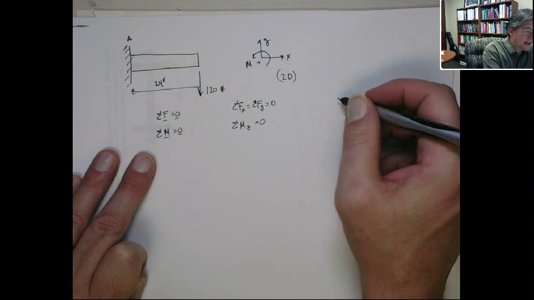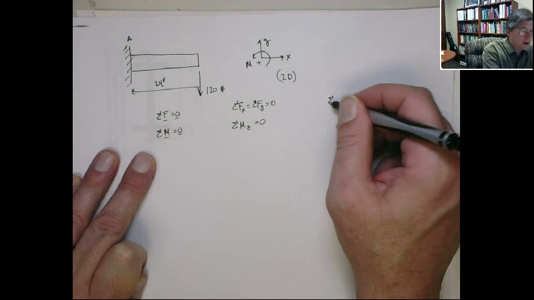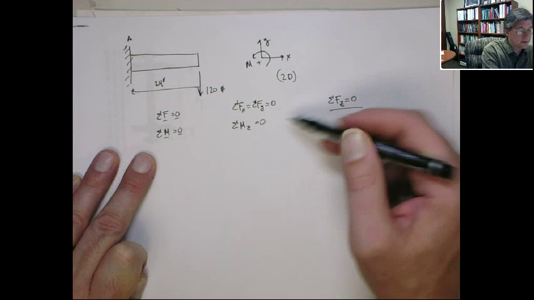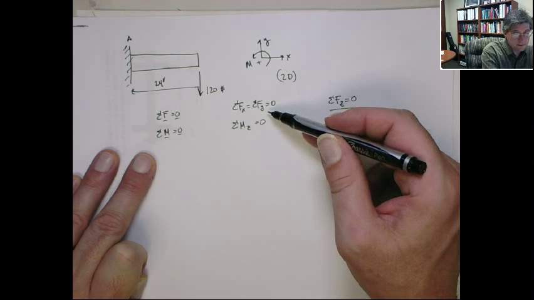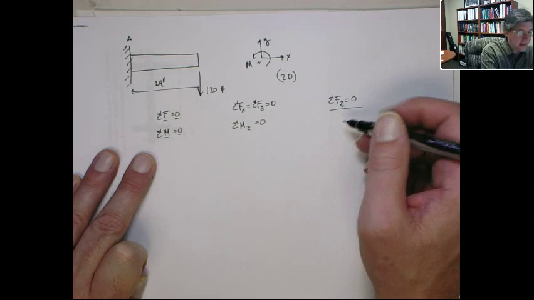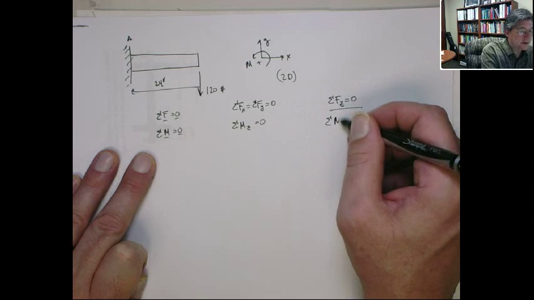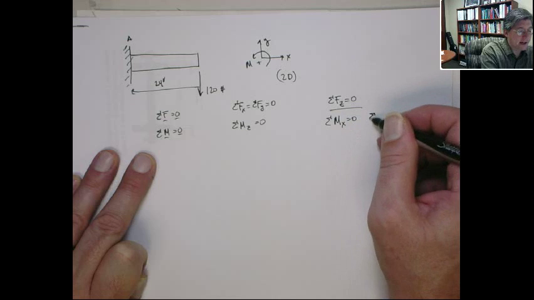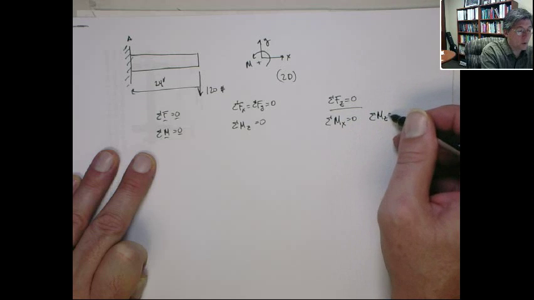What this is basically saying is that if you were to look at sum of forces in the z direction, which is what we're missing here, it's truly 0 because there are no external forces in the z direction. And likewise, there's nothing that gives you a moment about the x or y axis.